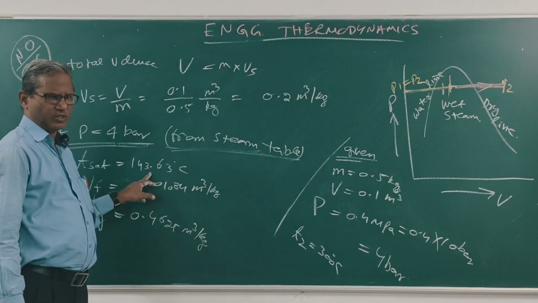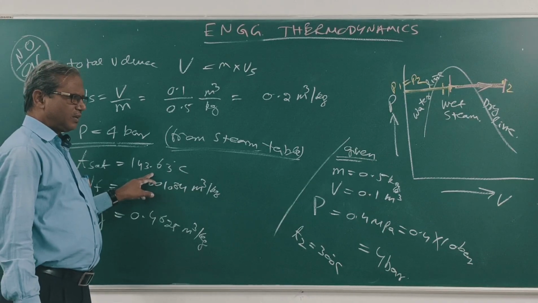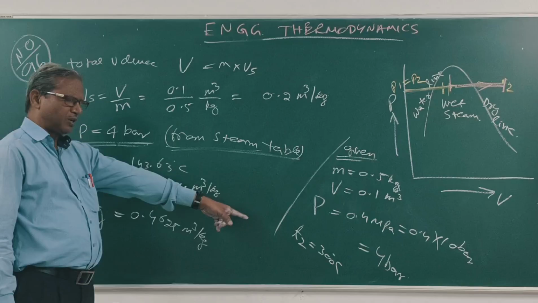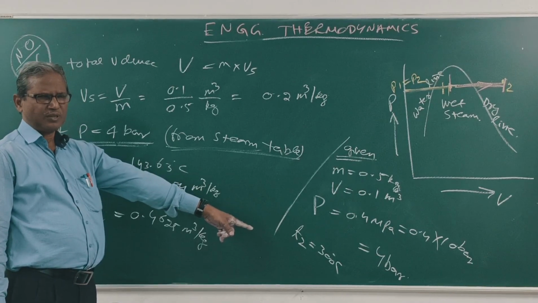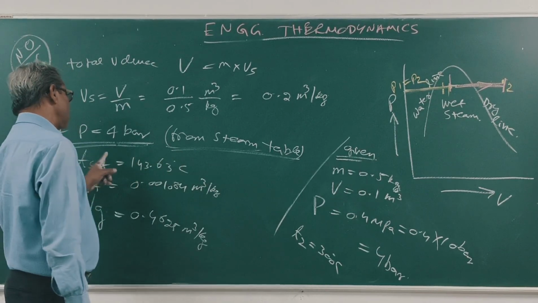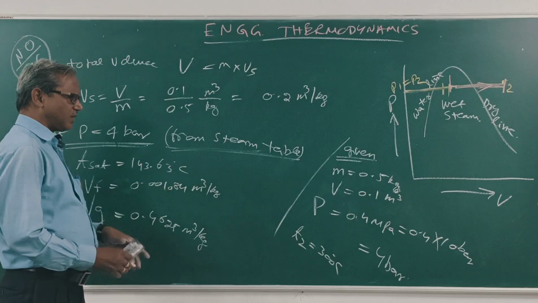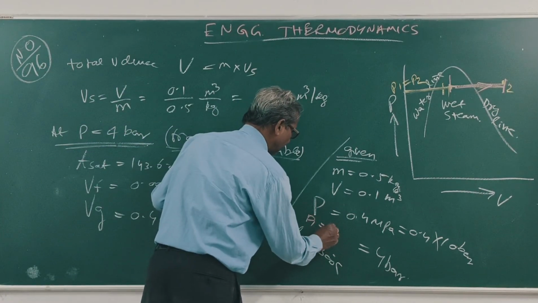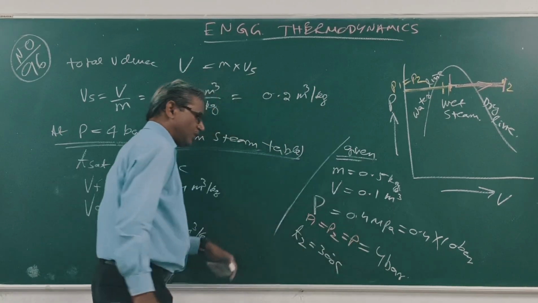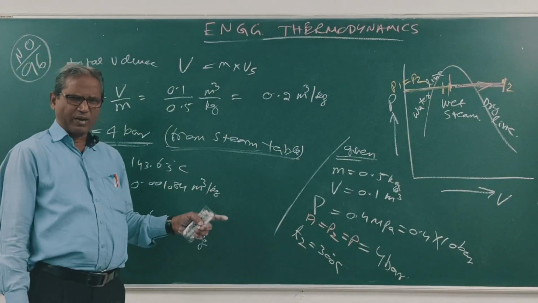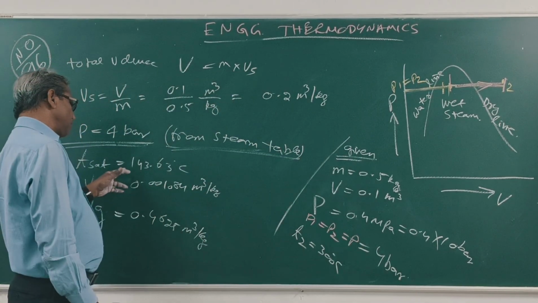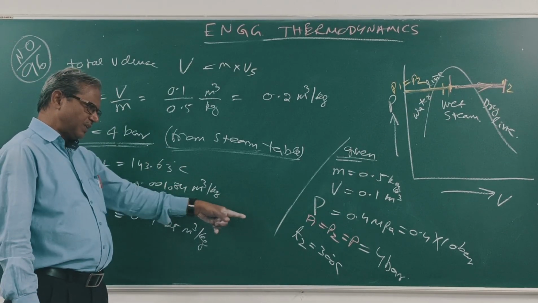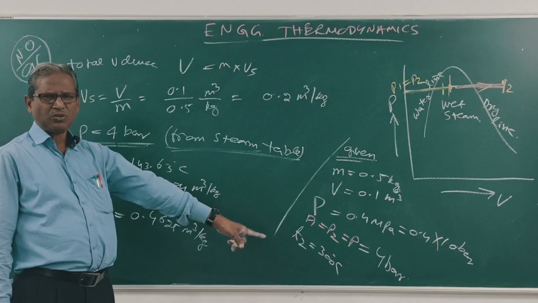This is wet condition. But the steam is heated until the temperature becomes 300 centigrade, with P1 equal to P2, constant pressure. At P equal to 4 bar, the saturation temperature is 143.63, but the given temperature is 300 centigrade, which is more than this.